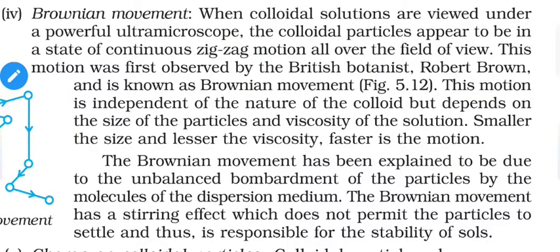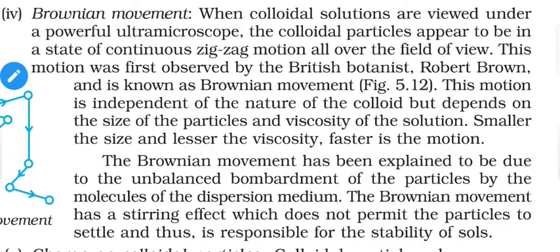As mentioned, this type of motion was first observed by the British botanist Robert Brown and is known as Brownian motion. He first observed it with the help of pollen. He added some pollen into water and observed these random movements, and it was given the name Brownian motion. This motion is independent of the nature of the colloids but depends on the size of the particles and the viscosity of the solution.